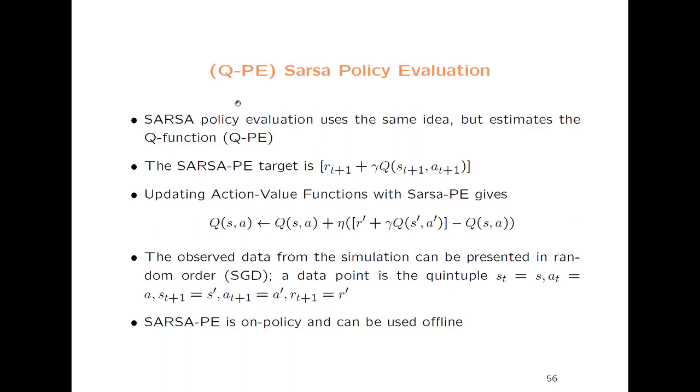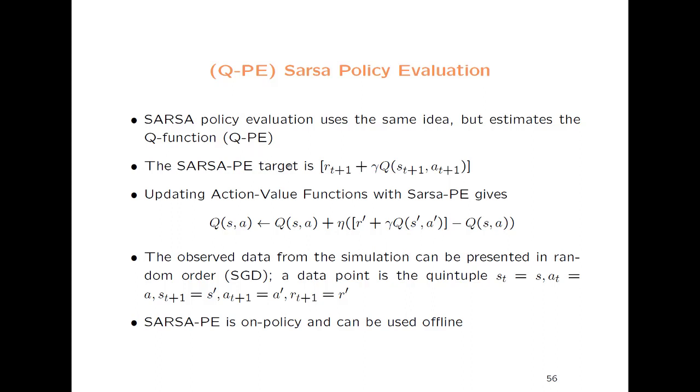We can also derive a similar algorithm for the Q function for policy evaluation. So instead of estimating the value function, we are estimating the Q function for a given policy.